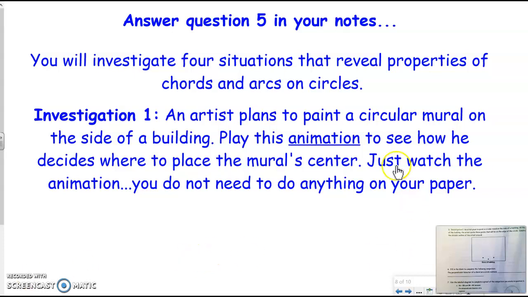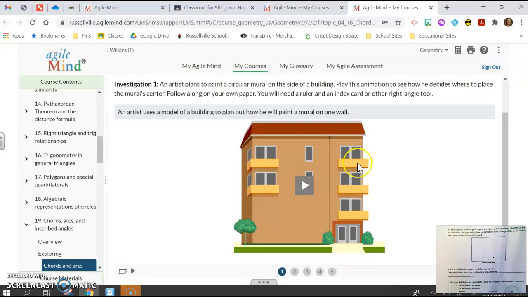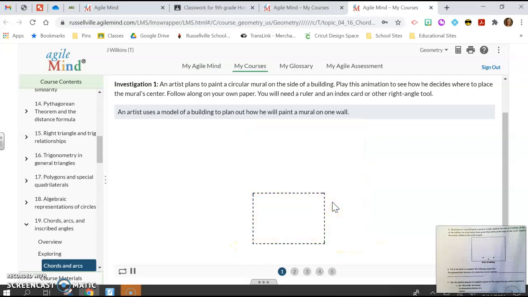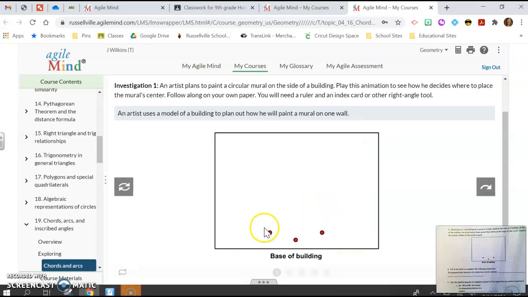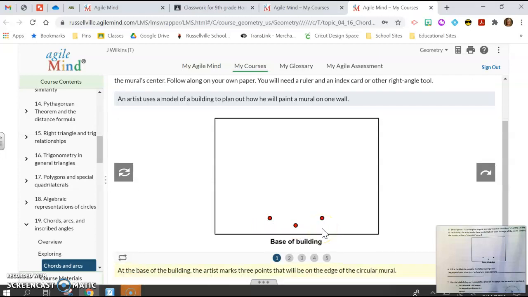So I'm going to play through the animation, and then I'm going to work through the notes and have you follow along. You will need your compass for this. Here's our picture of our building, and the mural is going to go right here. He knows these three dots need to be the base of his drawing.